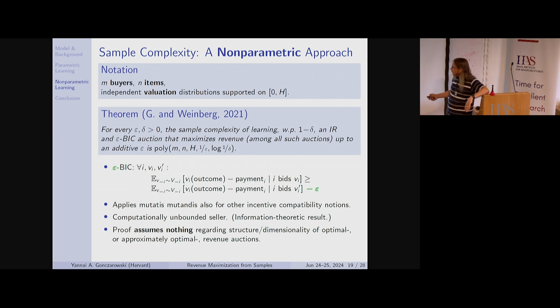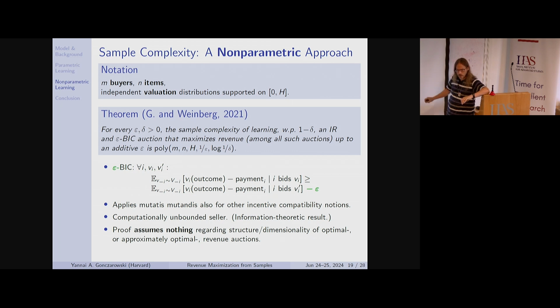Yeah, but I think I'm comparing apples to apples here. The original question, without the epsilon, was: in the set of BIC auctions, can you get something that maximizes revenue up to an additive epsilon? Here we're answering the question: in the set of epsilon BIC auctions, can you get an auction from that set that maximizes revenue up to an additive epsilon? So I think I'm not cheating on this.